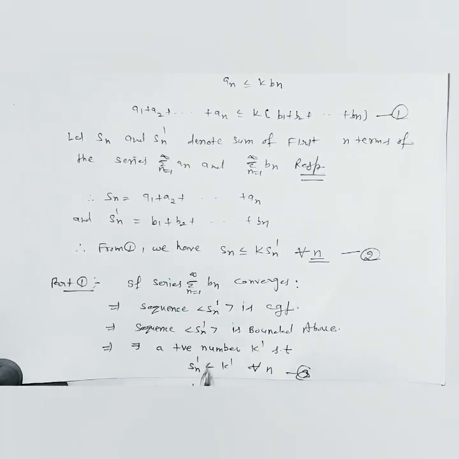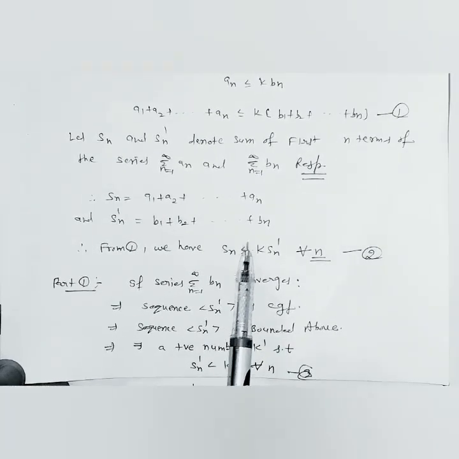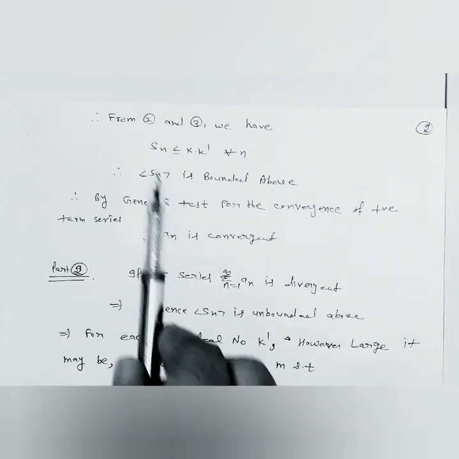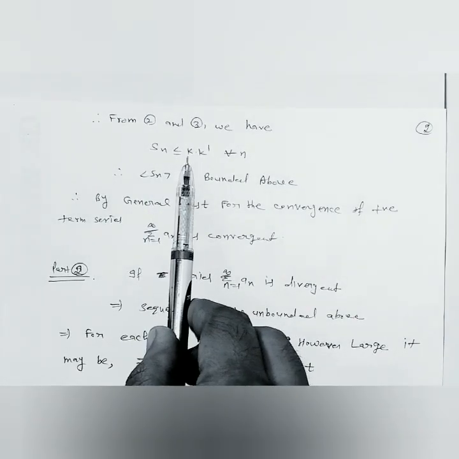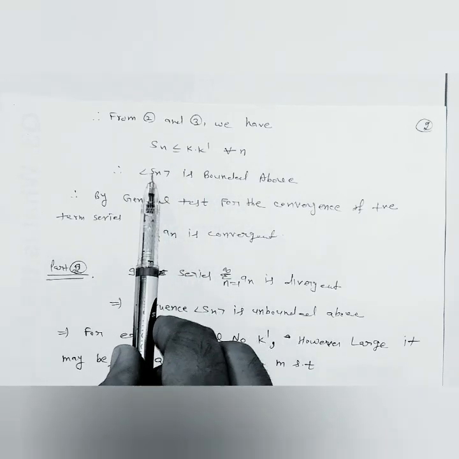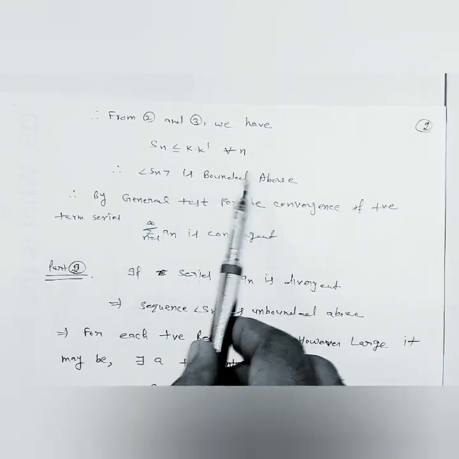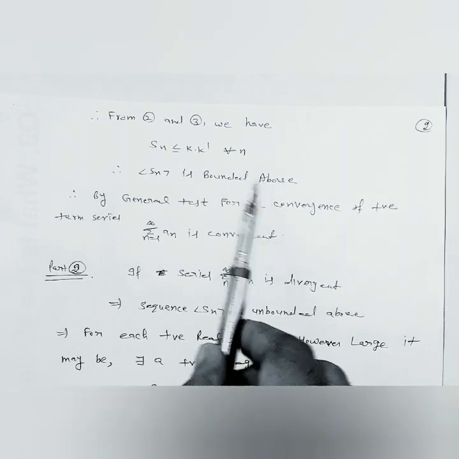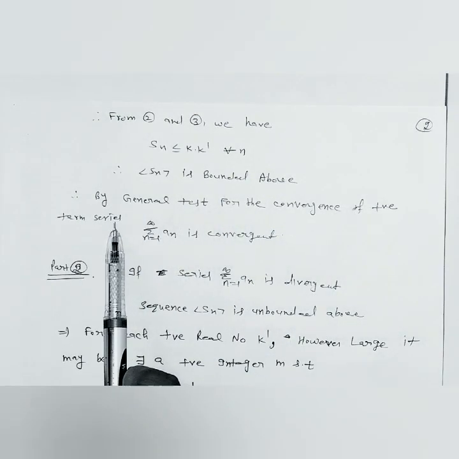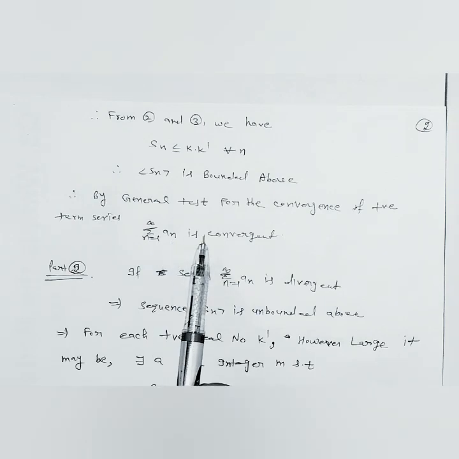Combining these two equations, replacing Sn dash by k dash, we have Sn is less than or equal to k times k dash. So this implies the sequence Sn is bounded above. Therefore, by the general test for convergence of positive term series, series an is also a convergent series.